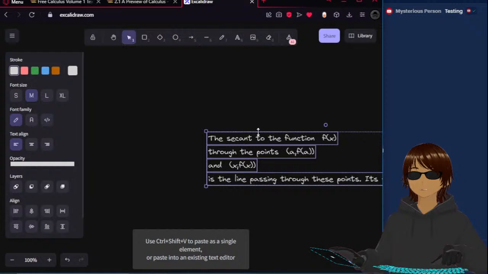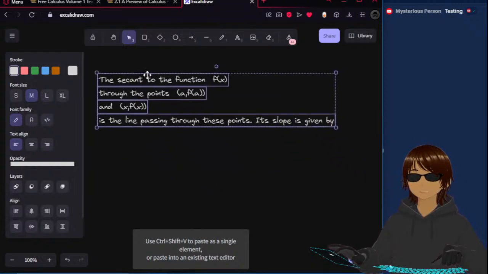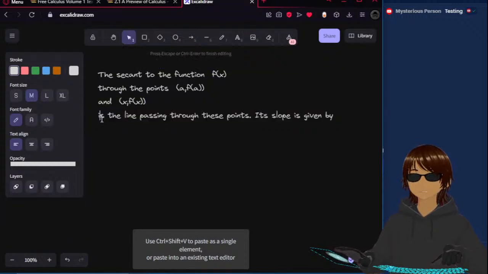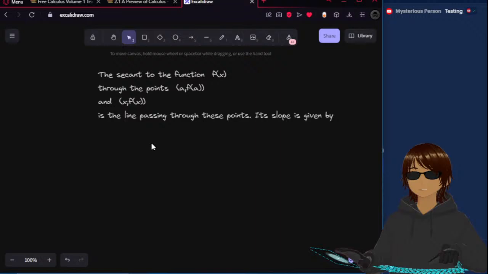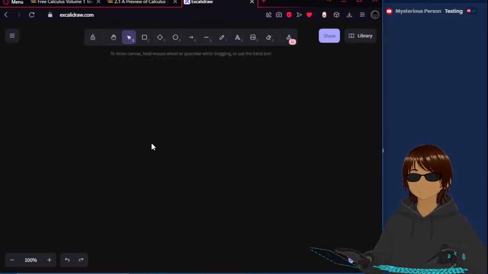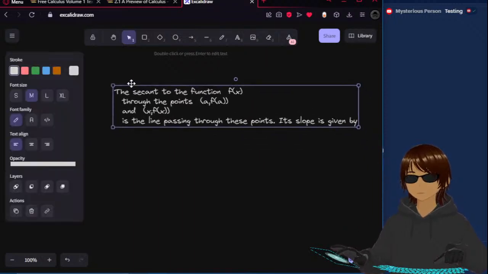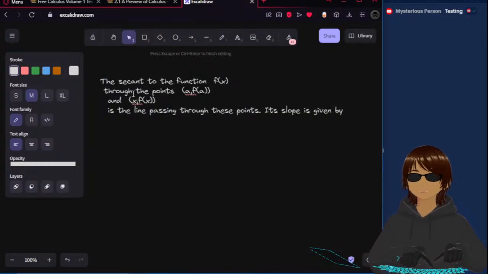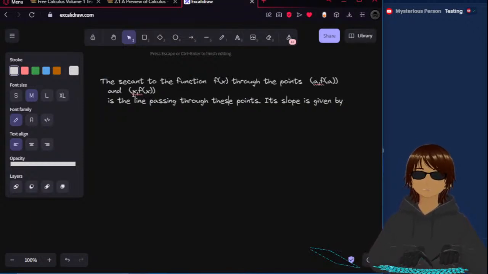Paste it. Okay, this is actually quite good. I think I should press Control Shift V. And all of this is a single element through the points.